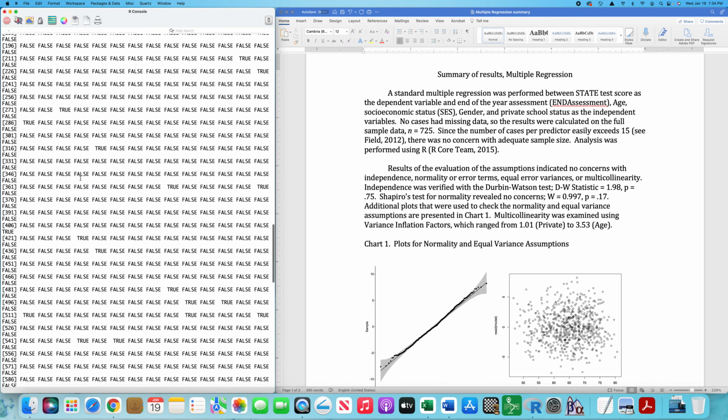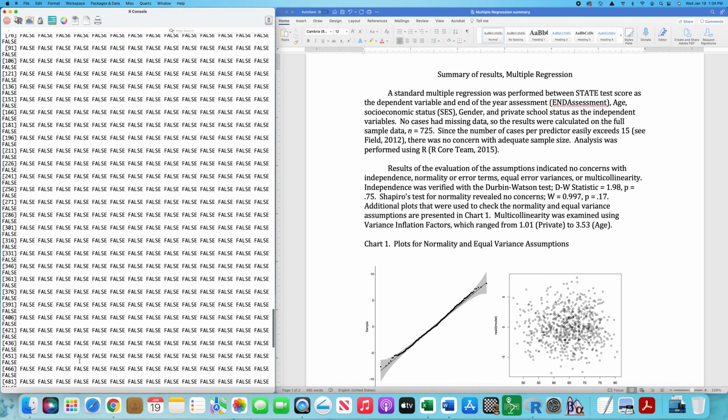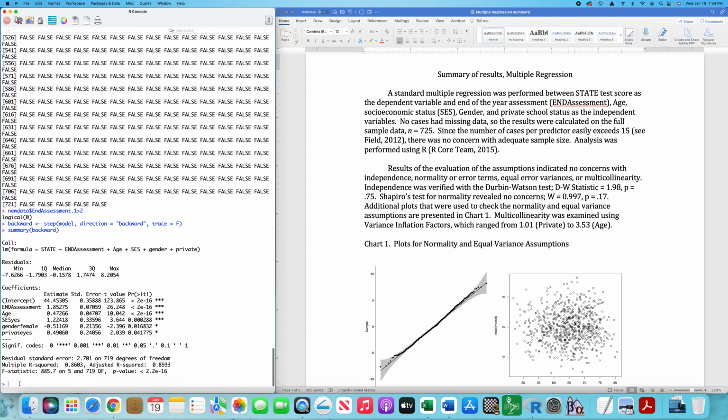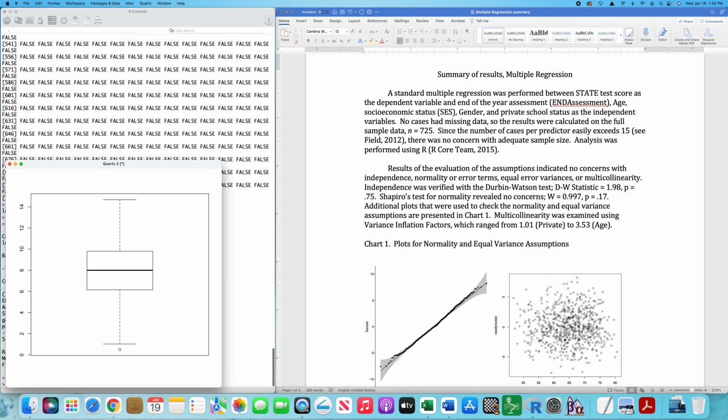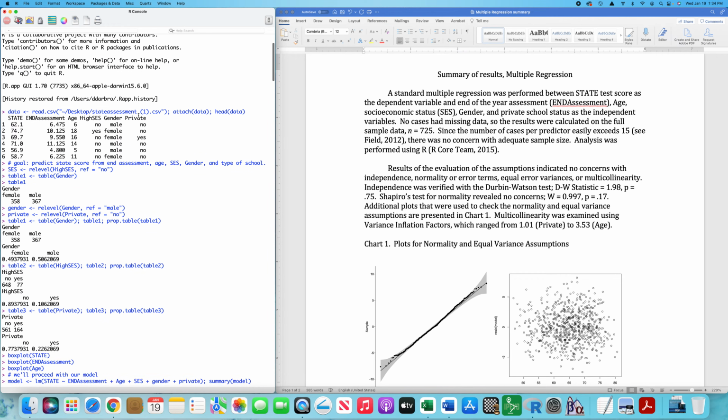And let me show you why. Yeah, there was one outlier, but there wasn't a lot of separation there. And overall, we have a pretty symmetric distribution.